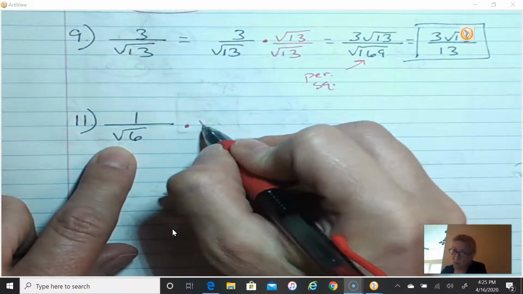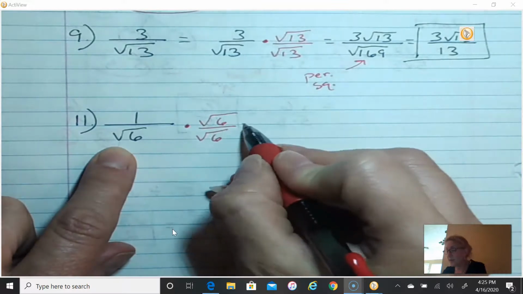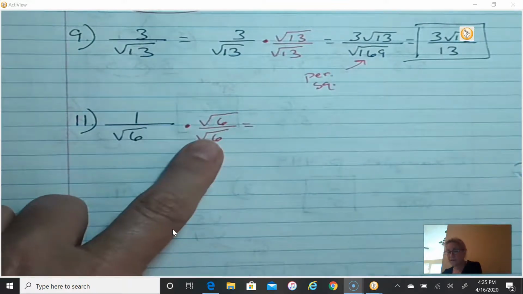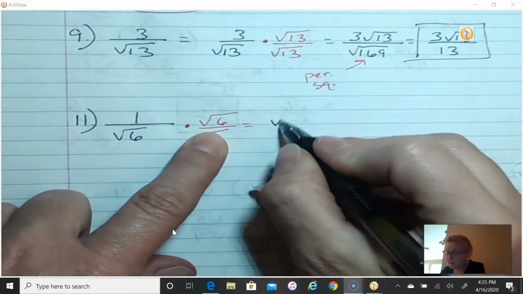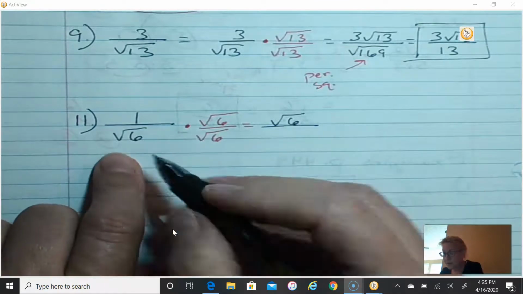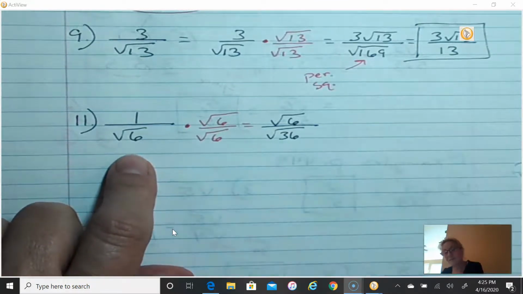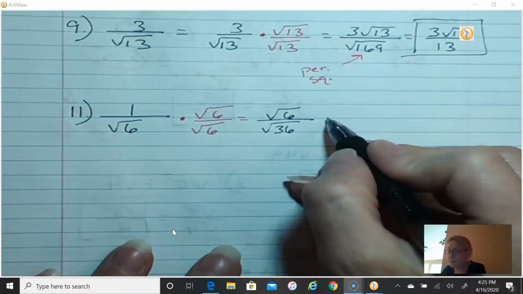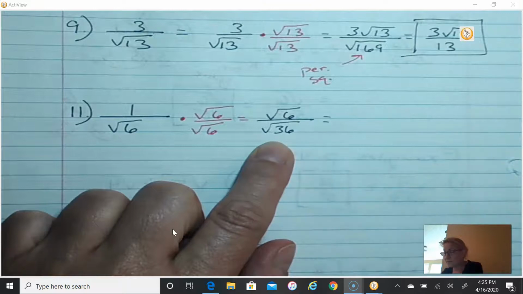No. So we are multiplying top and bottom by that weird radical. 1 times the square root of 6. It's just a square root of 6, because 1 times anything is anything. 6 times 6, it's radical, or our square root of 36. All right, this is a perfect square now.